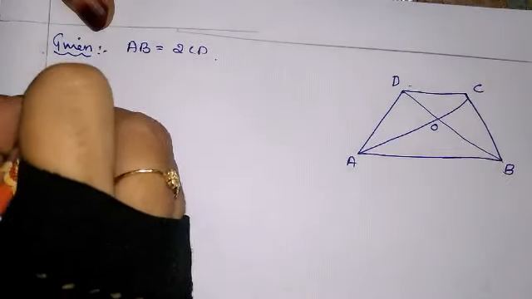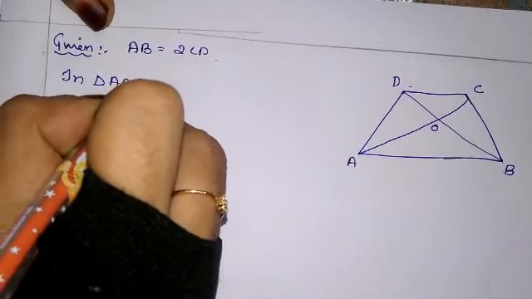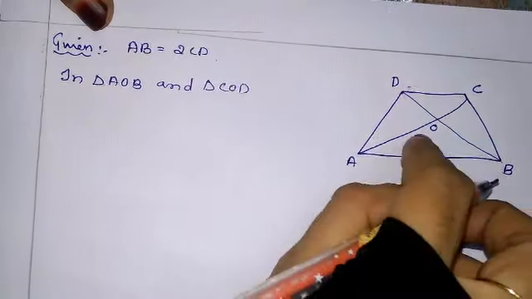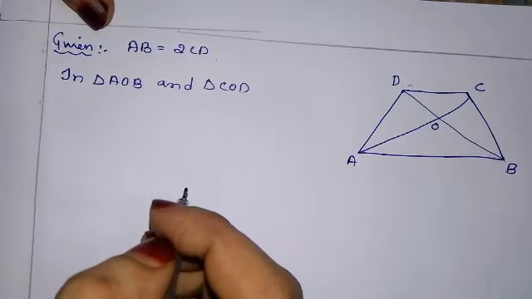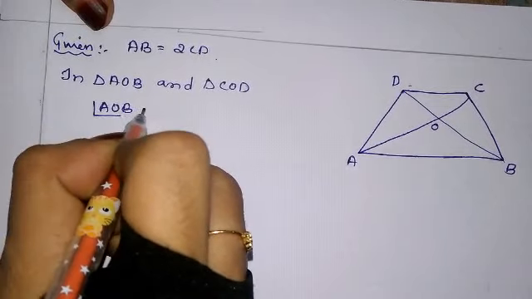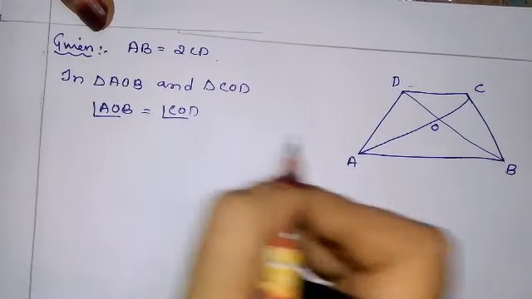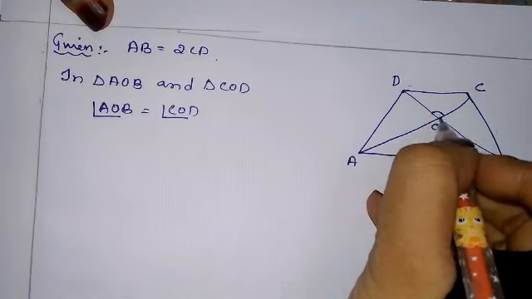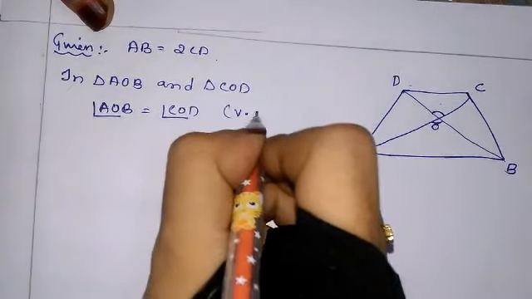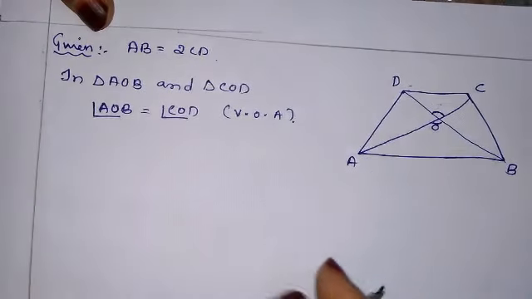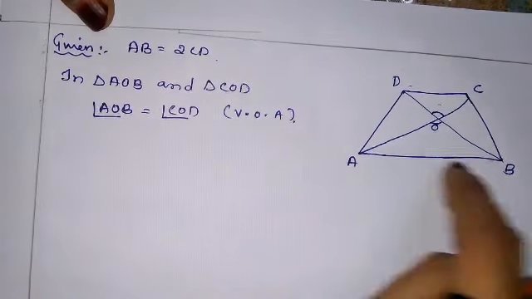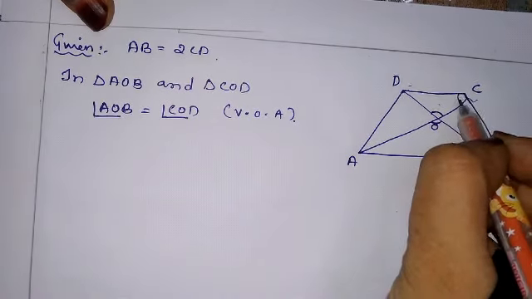Now let us see in triangle AOB and triangle COD. This and this triangle, let us see. Angle AOB is equal to angle COD. From primary level we are learning these are vertically opposite angles and always equal. Now we can see there are parallel lines, AB parallel to CD. Then there will be a Z shape, that is nothing but alternate angles.